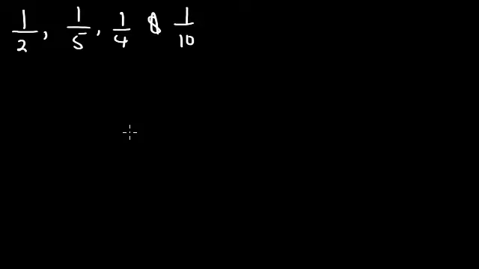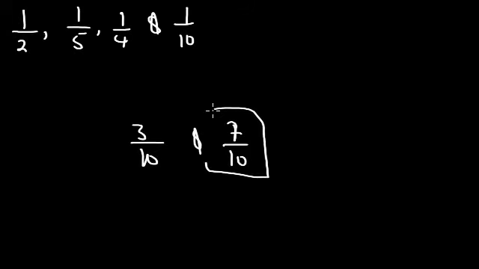When you have two fractions that possess the same denominator but different numerators, for instance 3 over 10 and 7 over 10, the relationship between them is that they have the same denominator, but one is bigger than the other. To know the bigger one, all you need to do is consider the fraction with the bigger numerator, which implies that 7 over 10 is bigger than 3 over 10.